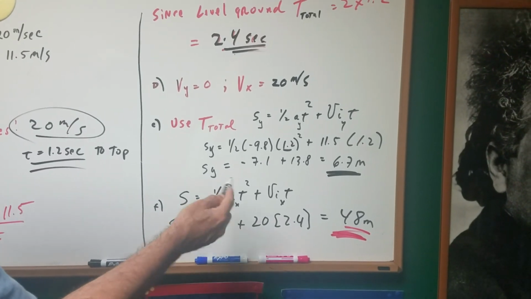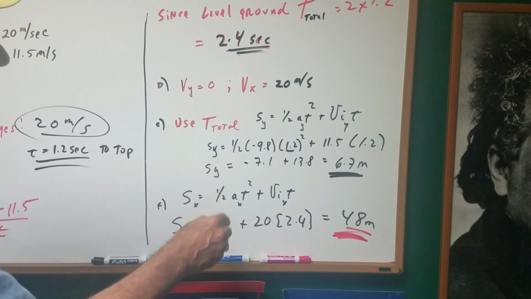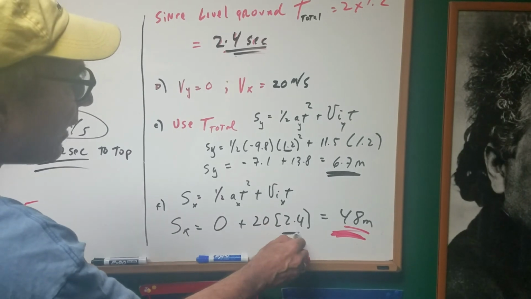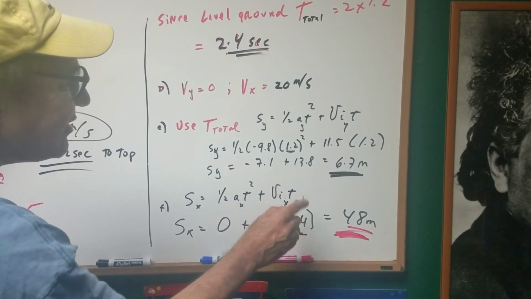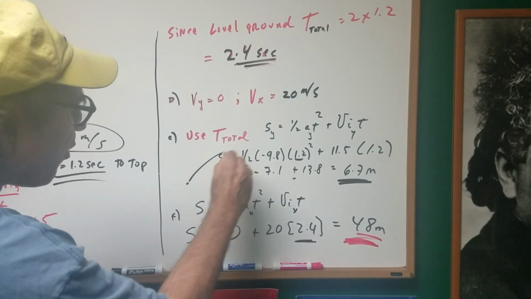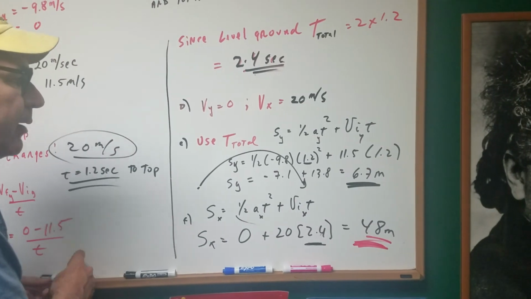Ax, as you remembered, acceleration is 0 in projectile motion, since it's only in the y direction. Vix, we got from up here, is 20. And to get the range, you're using the total time, right? Because it's from this point to this point, you're going in this direction. So when you do it, you come up with 48 meters.